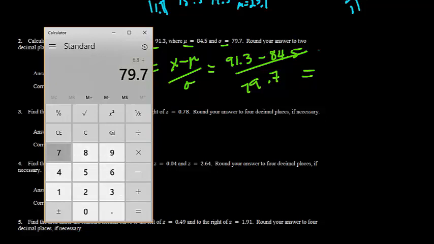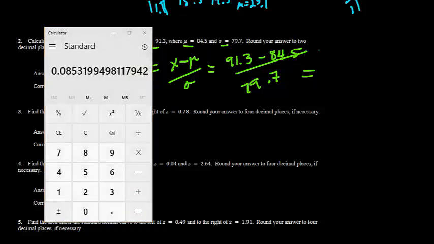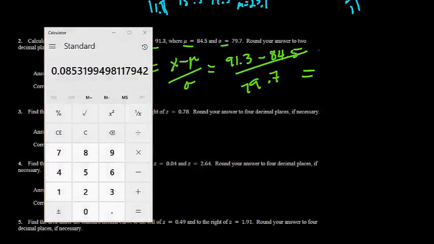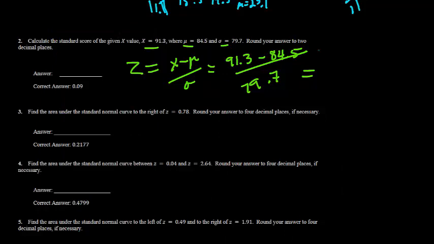That seems like an awful big standard deviation, but our answer here is going to be 0.085, which rounds to 0.09. Excellent.